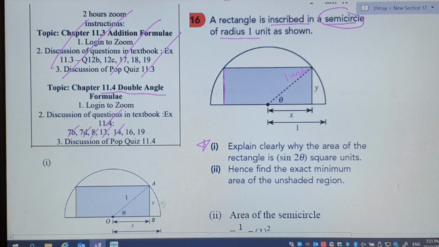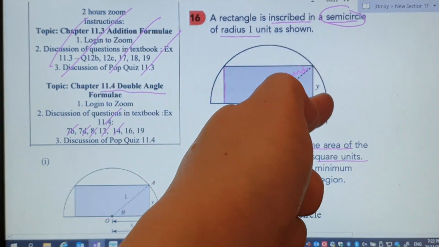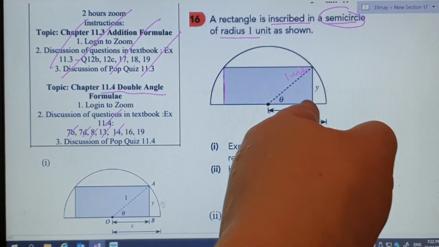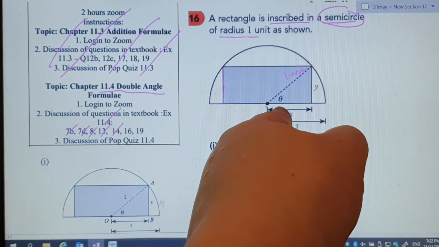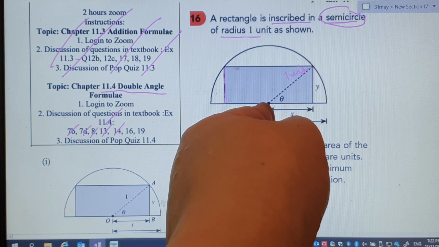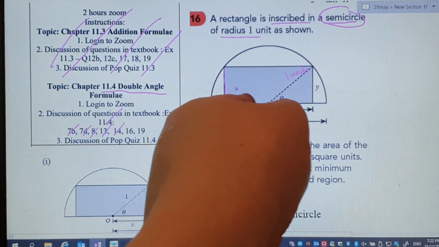Now explain clearly why the area of the rectangle is sine 2 theta square units. So they actually want you to show that the area of this rectangle is sine 2 theta. Now, how do you do that? We notice that this is given to us as x, this is y, and this is the center of the semicircle, which means that this rectangle also lies at the middle of this semicircle.